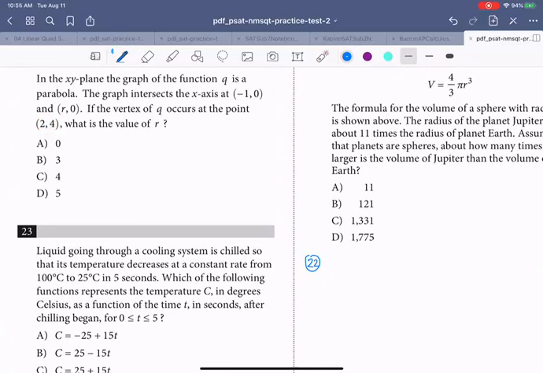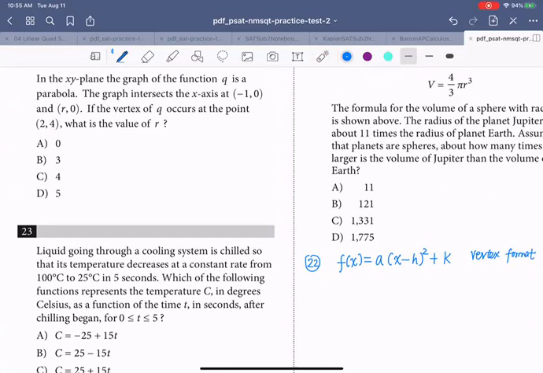So if I ask you to remember what's the vertex format, do you remember? A times (x minus h) squared plus k. This is the vertex format. Okay. That makes sense? Yes. Yeah, this is the vertex format.